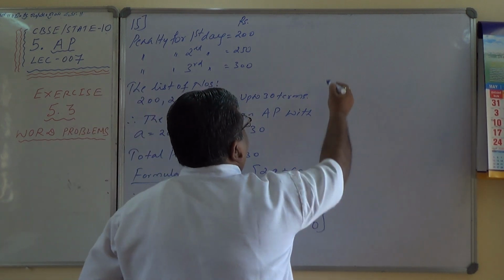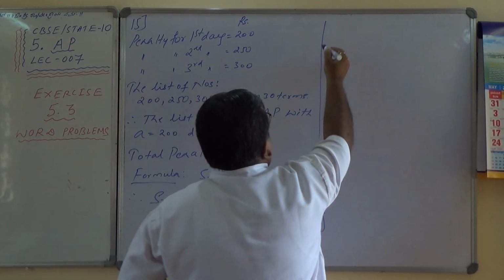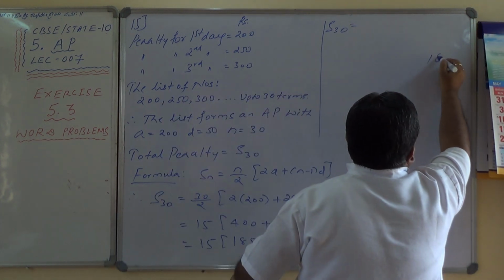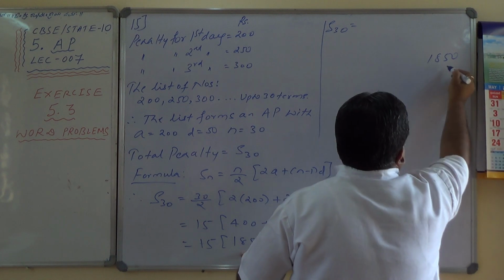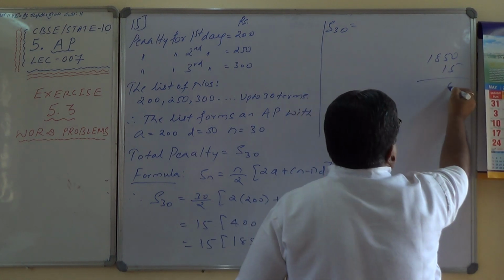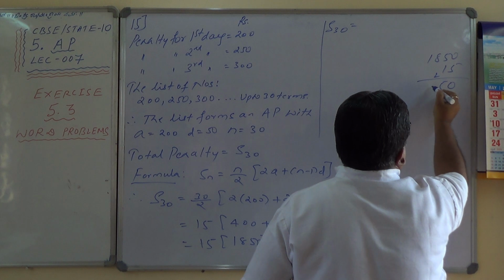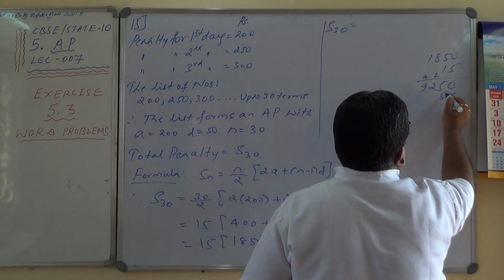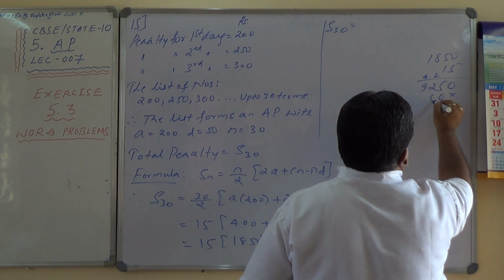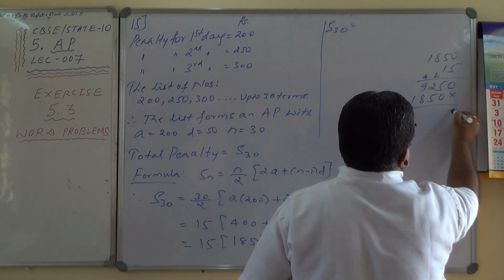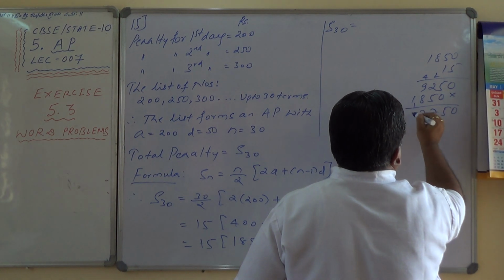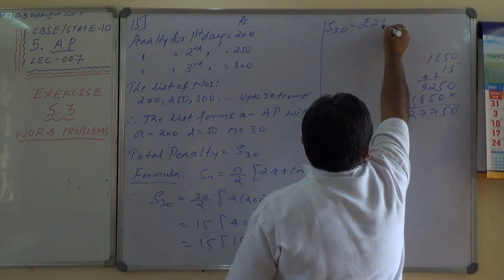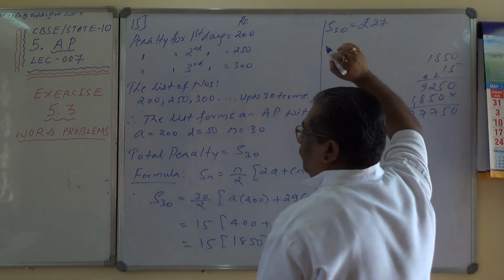Let us calculate. S30 is equal to 1850 into 15, so this is 27,750, correct?